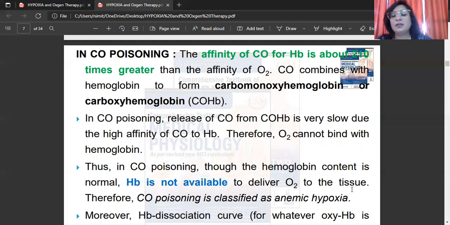This will again lead to hypoxia. Therefore, carbon monoxide poisoning is also classified as anemic hypoxia.